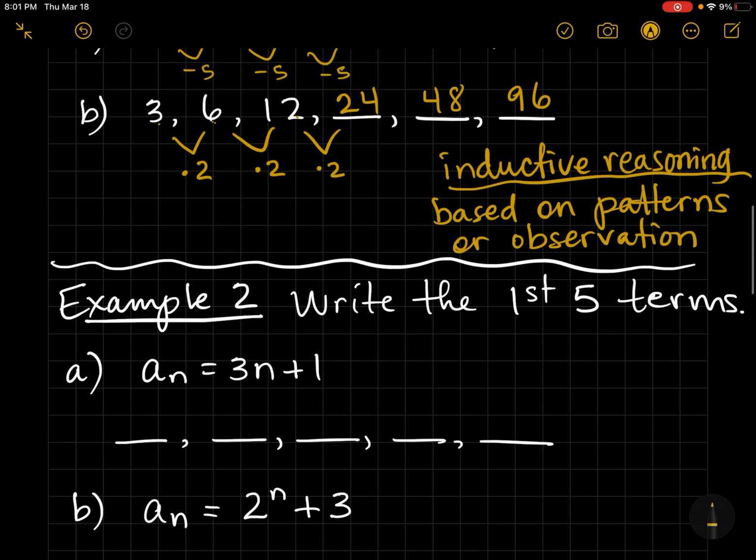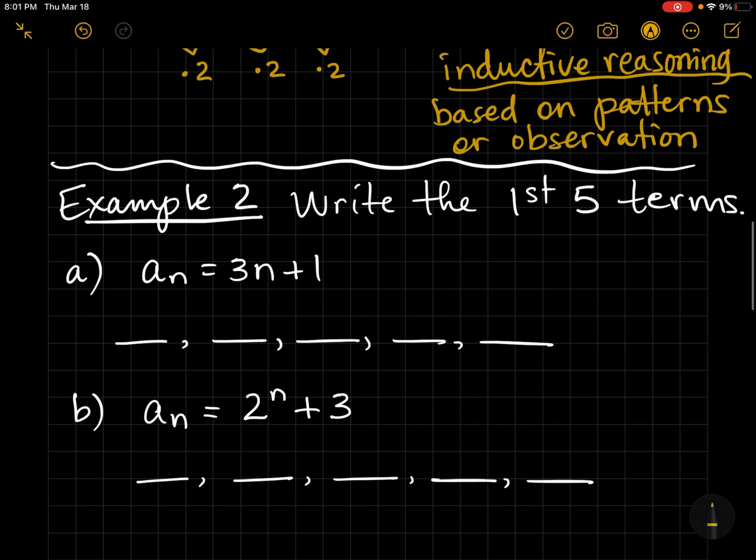Let's look at example 2. Let's write down the first 5 terms. So here, remember the first term, that would be a sub 1, means plug 1 in for n. So 3 times 1 plus 1 would be 4. 3 times 2 plus 1, 6 and 1 is 7.